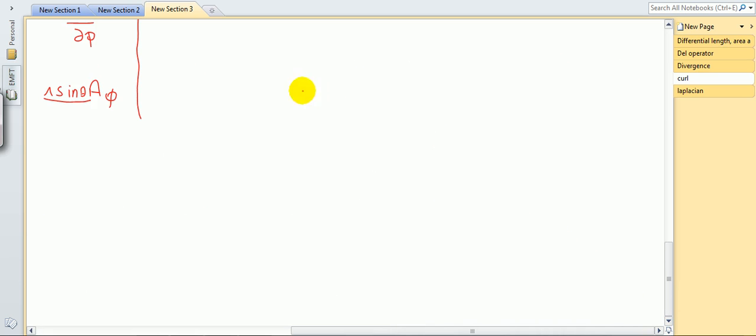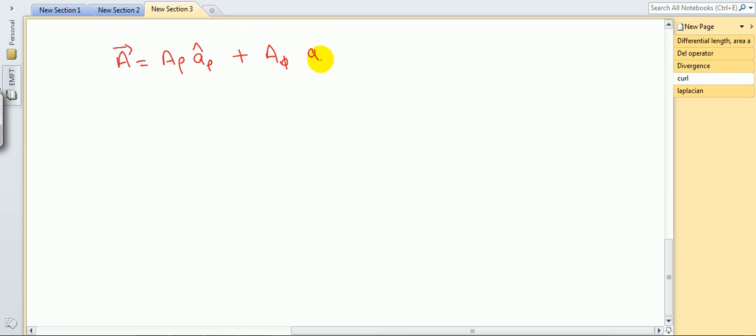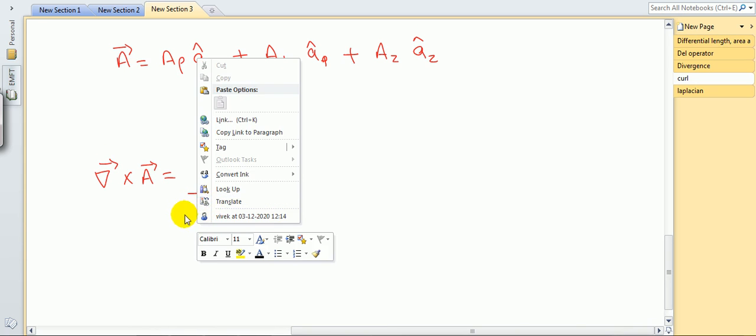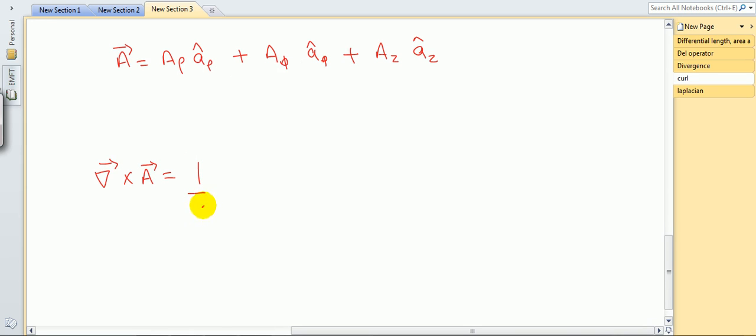In the cylindrical coordinate system, if I consider the vector to have components a rho in a rho direction plus a phi in a phi direction plus a z in a z direction, the formula for del cross A, that is curl of the vector, will be: outside there is one component, 1 by rho.